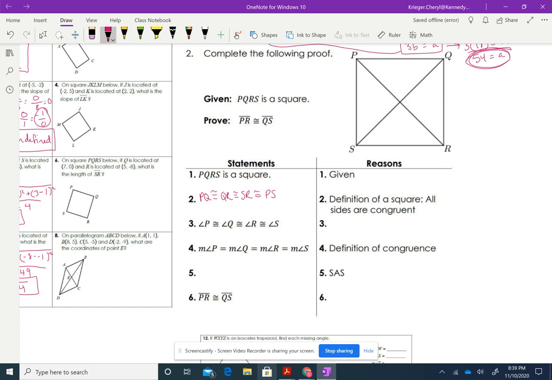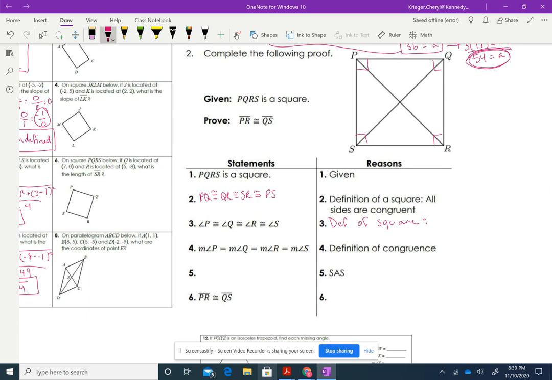All the sides are congruent. Okay, so angle P is congruent to angle Q, which is congruent to angle R, which is congruent to angle S, we can say that because P, Q, R, and S are all 90. So this is also a definition of square.